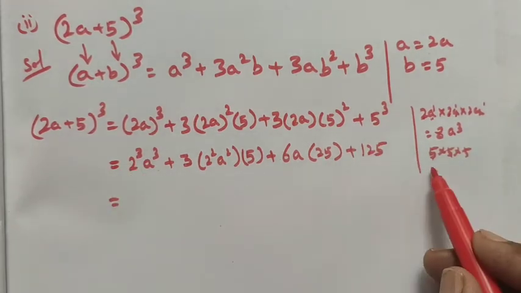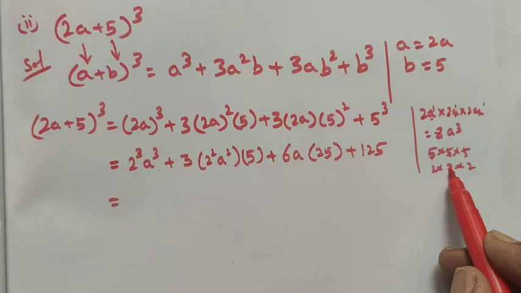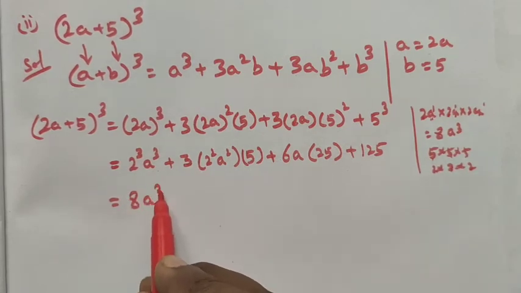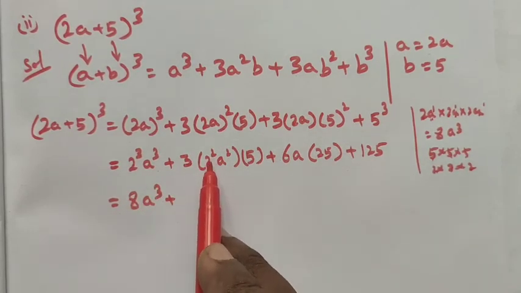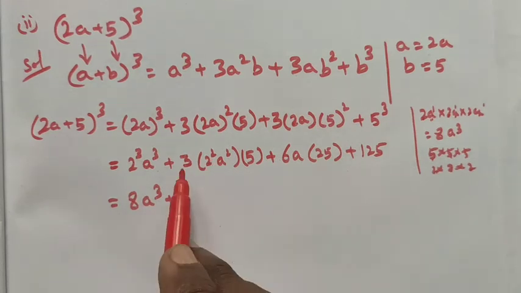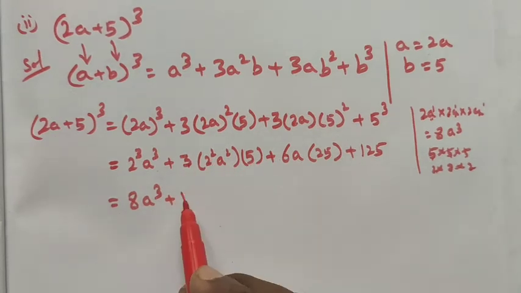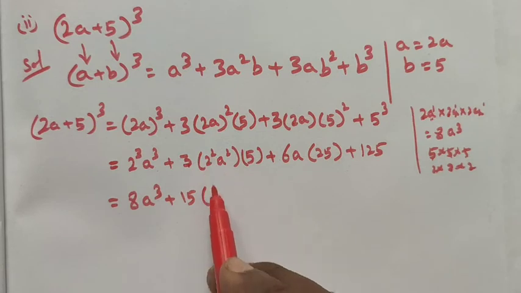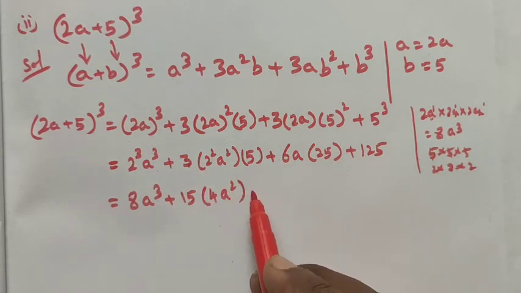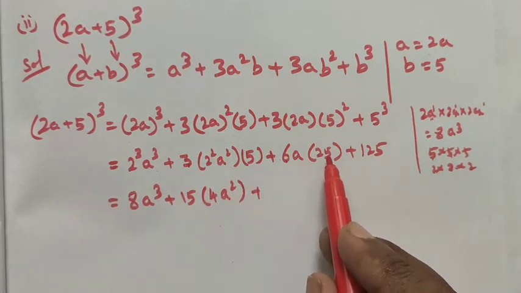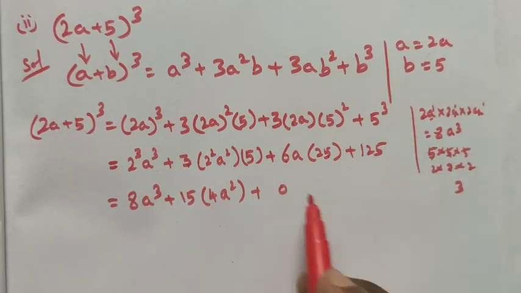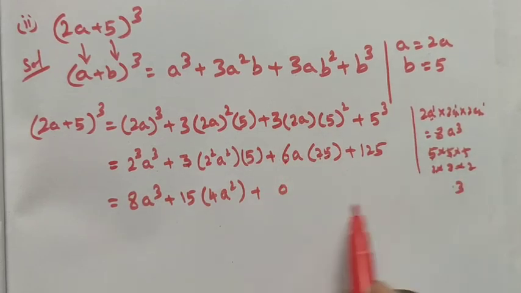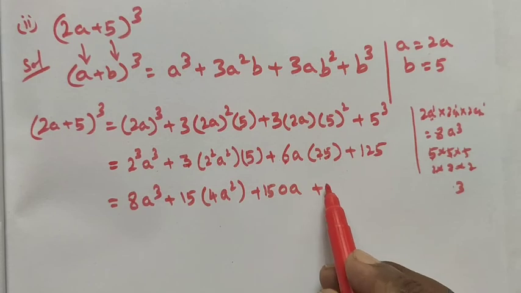Now 2 cube is 2 into 2 into 2, 2 2s are 4, 4 2s are 8. a cube plus 2 square is 4. Here we see 3 5s are 15 into 2 square is 4 a square, plus 6 5s are 30, 0 remainder 3. 6 2s are 12 plus 3 is 15, 150a plus 125.